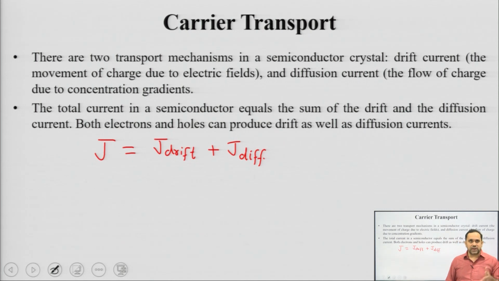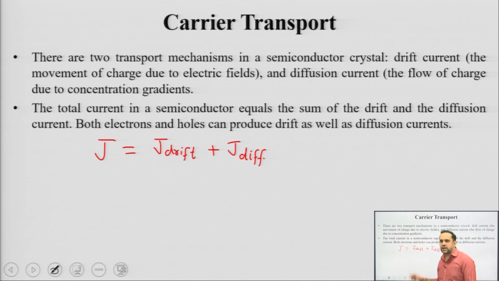The total current, as I have said, is the sum of drift and diffusion current, and within drift and diffusion current, since you have two types of charge carriers, okay, many semiconductor devices are bipolar in nature. When I say bipolar, I mean those devices which have conductivity because of two types of charge carriers, both electrons as well as holes, right.